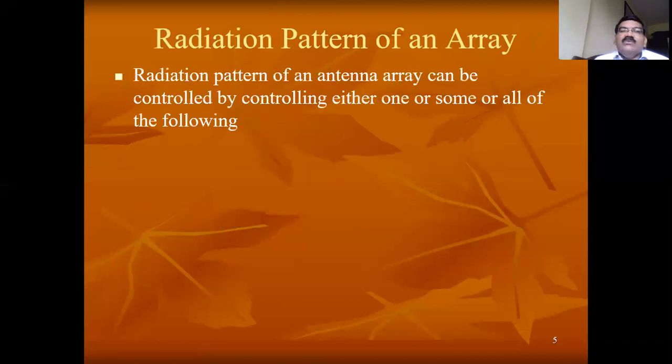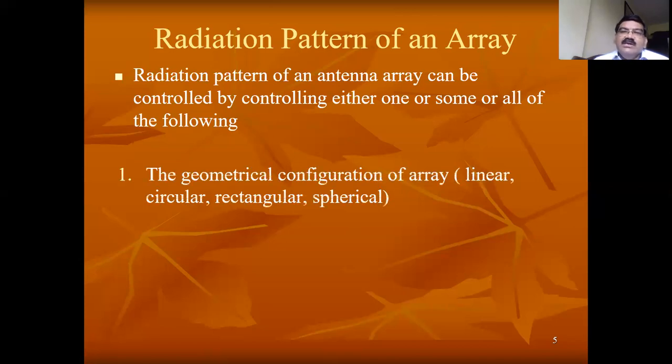Now the radiation pattern of an array, an antenna array, can be controlled by controlling multiple factors. Which are those? The very first is the geometrical configuration of an array. You can put an array in a linear way, that is in a straight line, in a circular way, or in a rectangular manner, putting each element there.